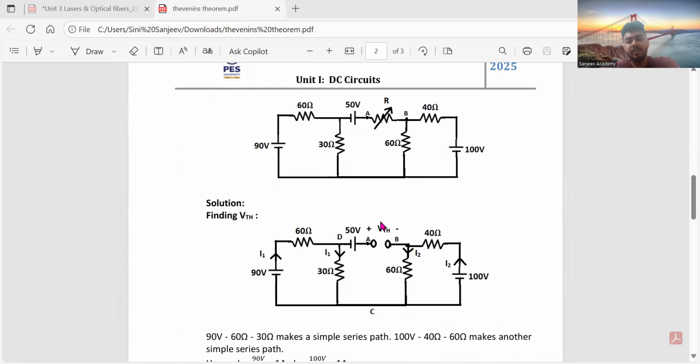Just like opening the circuit and short circuiting, I'll tell you the basic thing. A lot of people still have doubts about what is open circuit and short circuit. It's a very simple thing. Just take a real life scenario, the tap. If you open the tap, the water will flow through it, right? But if you close the tap, what will happen? Will the water flow?